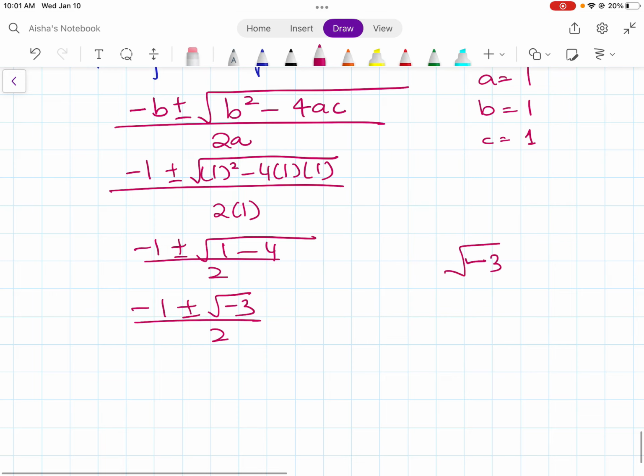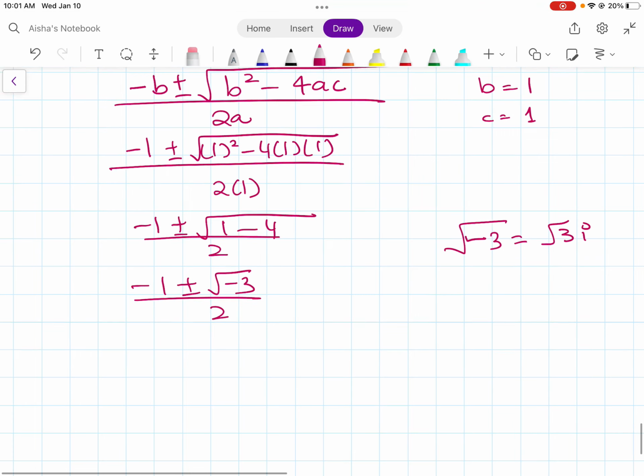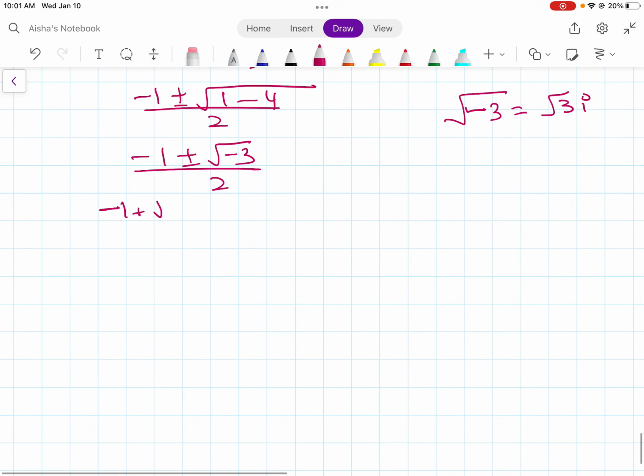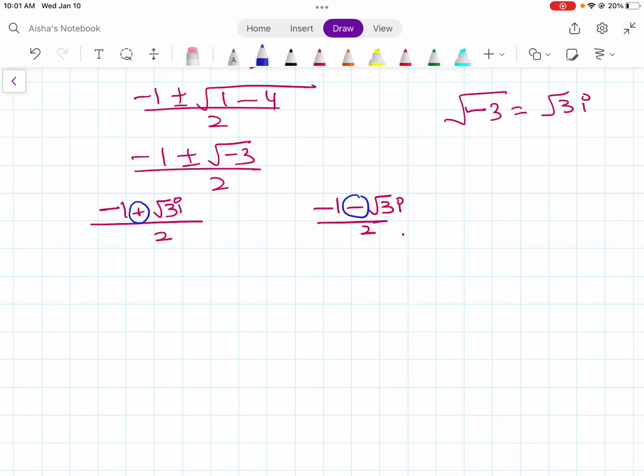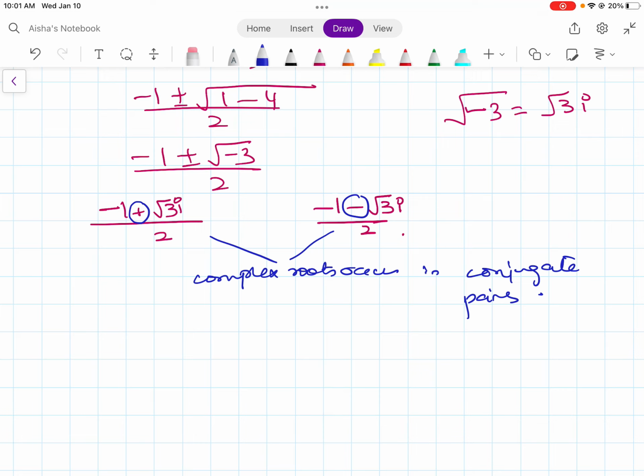This under root minus 3 can be written as under root 3 iota. Why do we say they occur in conjugate pairs? Because this is a plus with an imaginary sign and this is a minus with an imaginary sign. Complex roots occur in conjugate pairs. There can't be a single complex number.